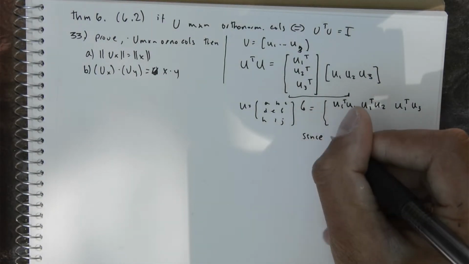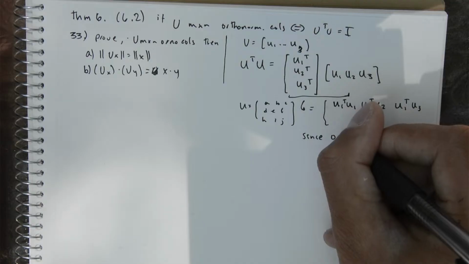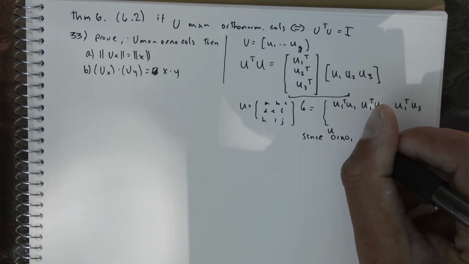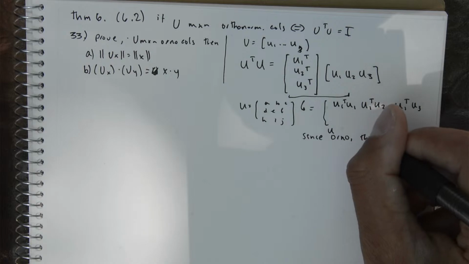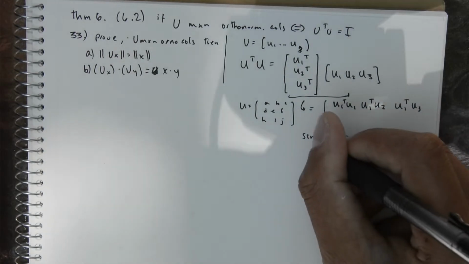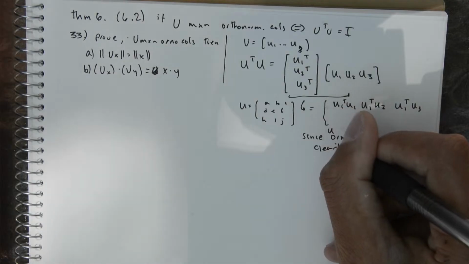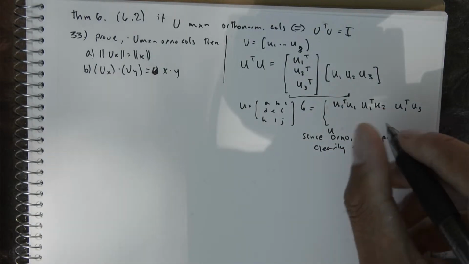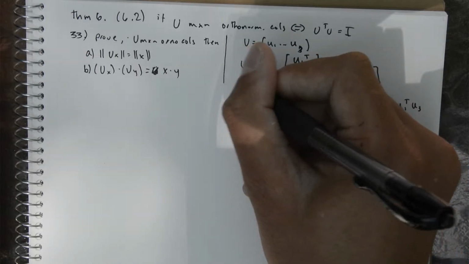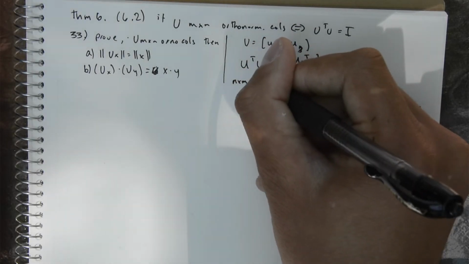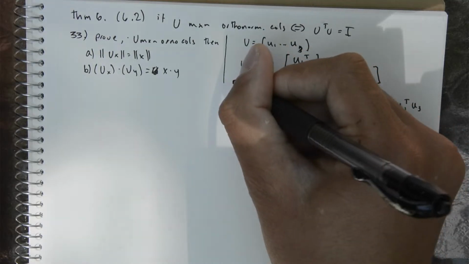Since u is orthonormal, this product is clearly equal to the identity matrix. And this is going to be n times m times n is equal to n.